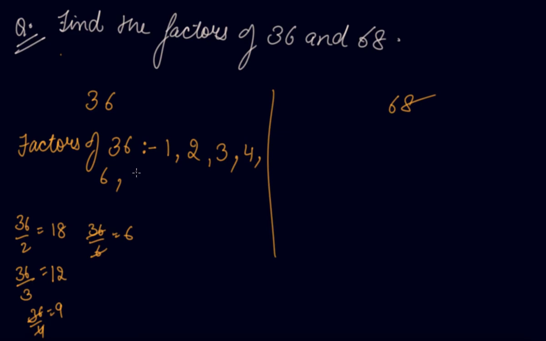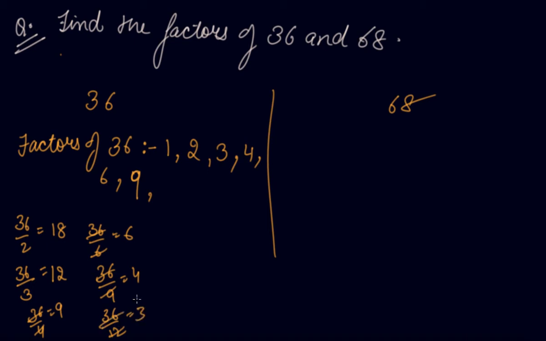Is 8 a factor of 36? No. Then let's see 9. 9 is a factor of 36. Yes, it divides it by 4. So 9 is a factor. Then 10 is not a factor, 11 is not a factor. Let's see 12. 12 is a factor.